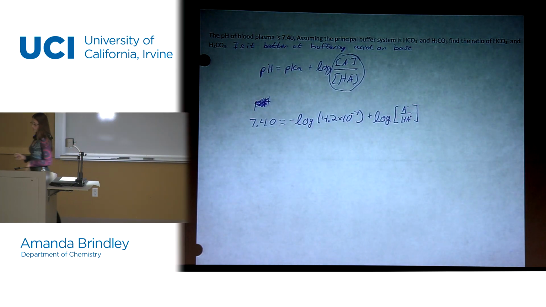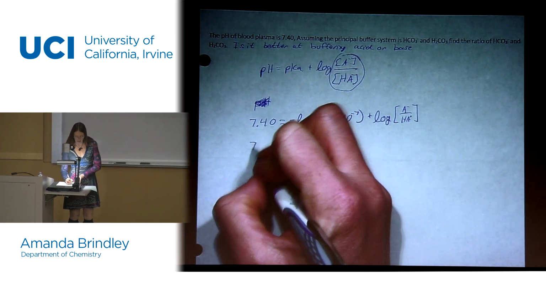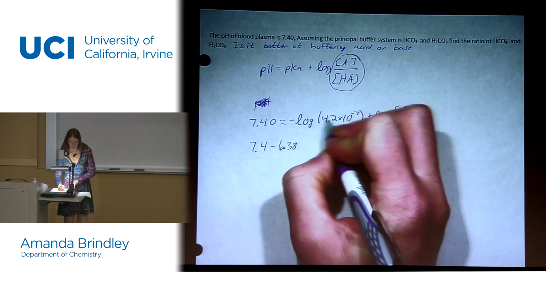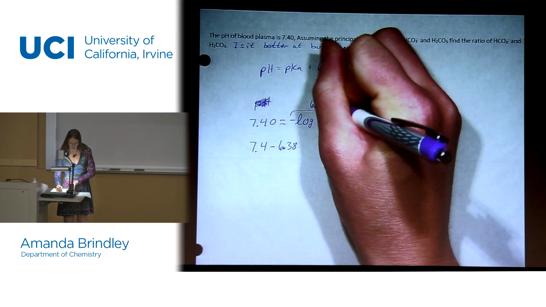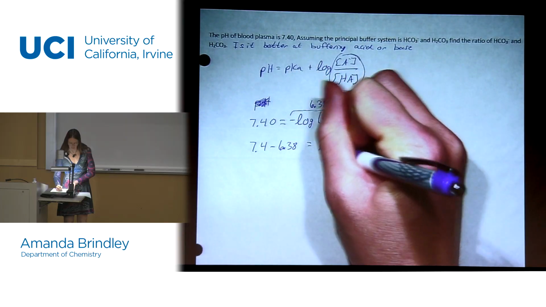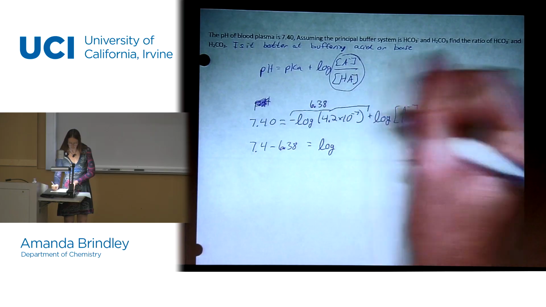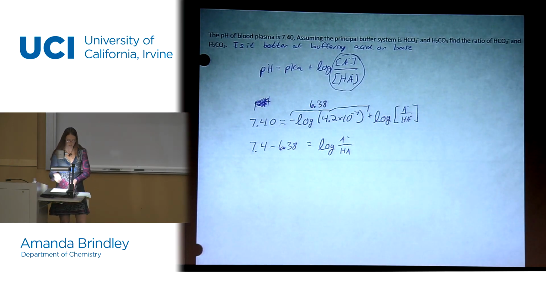Log of A minus over HA. All right. So we end up with 7.4 minus 6.38. This is 6.38. Okay.